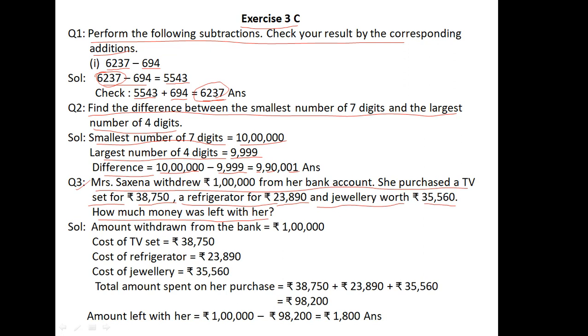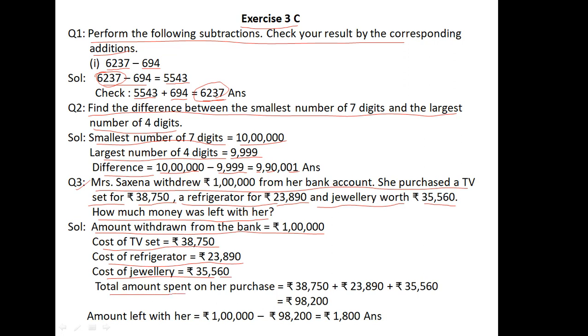First of all we have to write: amount withdrawn from the bank is rupees 1 lakh. Cost of TV set rupees 38,750. Cost of refrigerator rupees 23,890. Cost of jewelry 35,560.